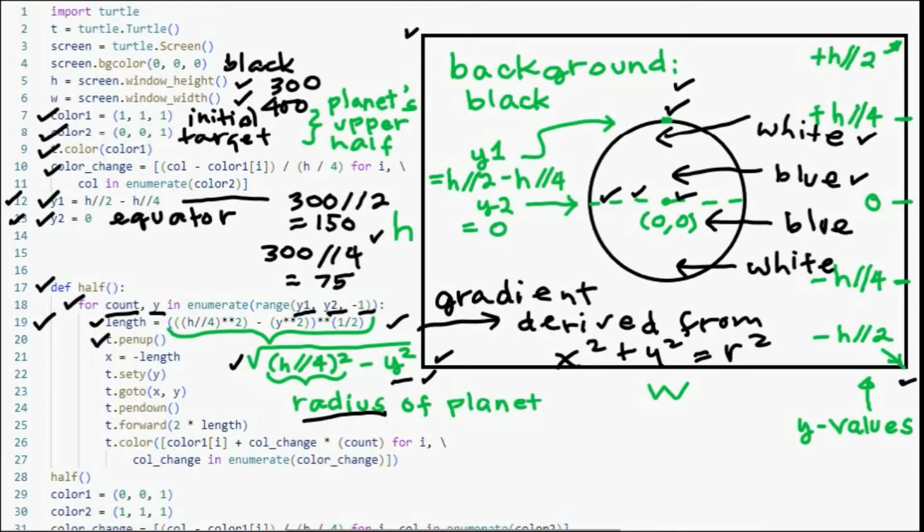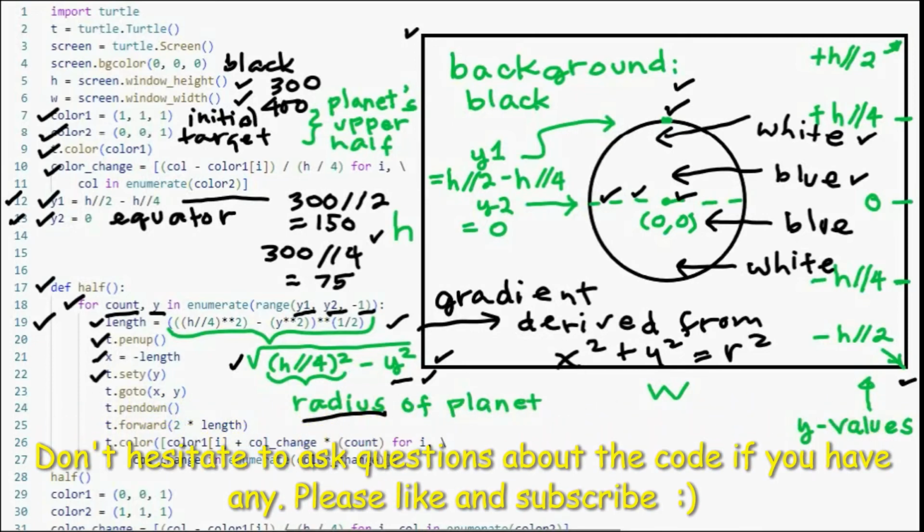And then I define my x here, the x value in the rectangular coordinate system. It is equal to the negative length. And then I also define my y here so that I know where to put the turtle to start drawing.